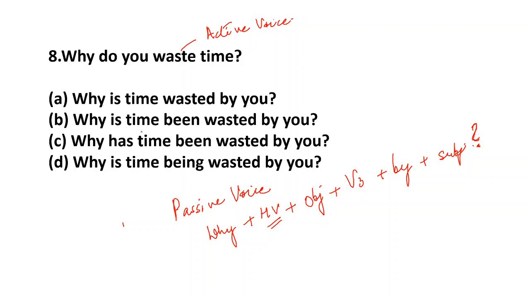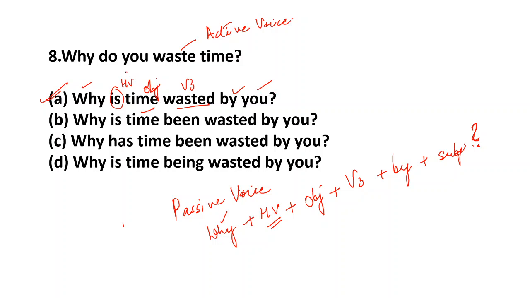So here you see, why do you waste time? Why is time wasted by you? Why is time being wasted by you? Why has time been wasted by you? All three of them are wrong. This is the correct one: why is time wasted by you? Here "is" is the helping verb, time is the object, this is V3, then by, and this is the subject.